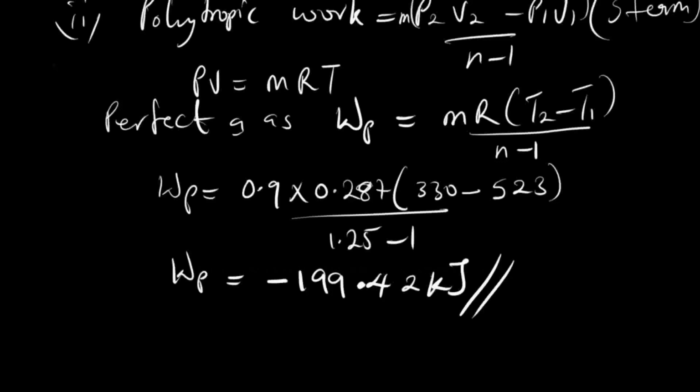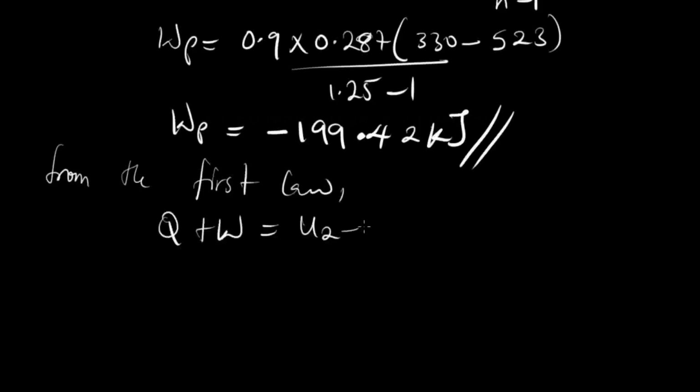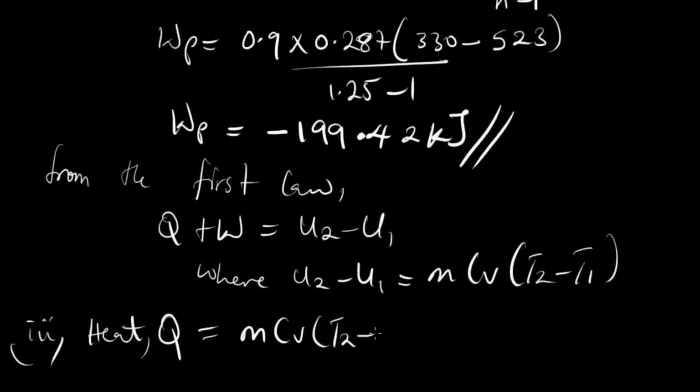So the next is the heat. From the first law, you know that Q plus W is equal to U2 minus U1, where U2 minus U1 is equal to M Cv T2 minus T1. Now the heat transferred Q will be equal to M Cv T2 minus T1 minus polytropic work.